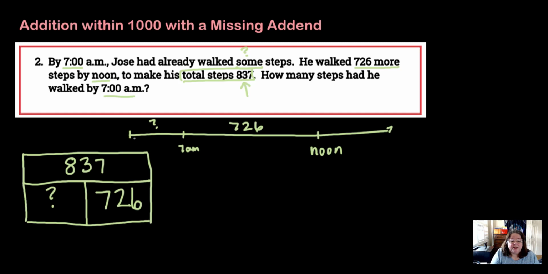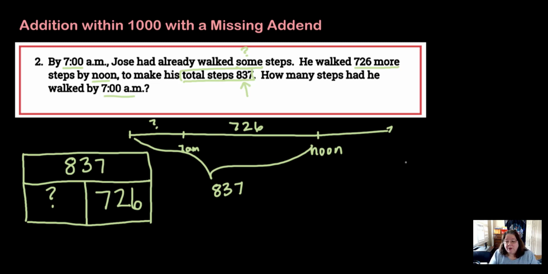And the distance from here to here, 837 steps. So there's different ways to visualize it. Sometimes I do both. I draw myself a timeline or a number line, and then I think, oh, I can put that information into this. These are different ways to visualize the problem.